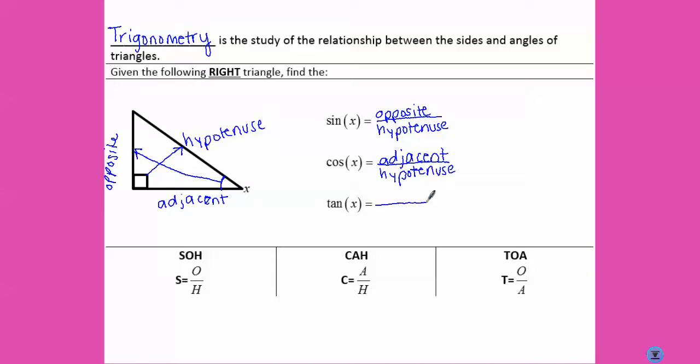And then tangent of x is the opposite side over the adjacent side. A way to help you remember this is the phrase SOH CAH TOA. Sine is opposite over hypotenuse, cosine is adjacent over hypotenuse, and tangent is opposite over adjacent.